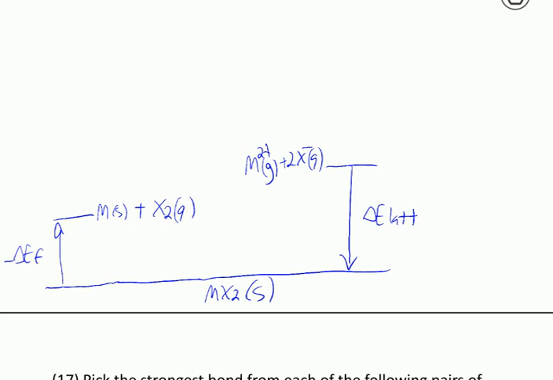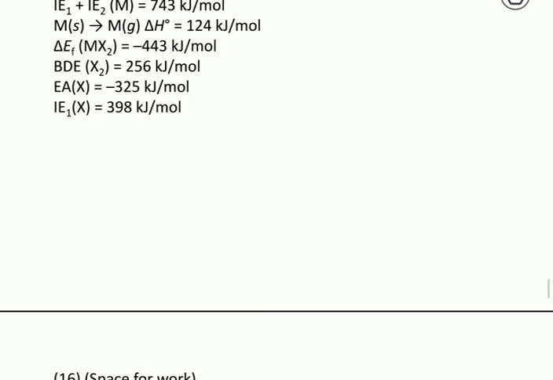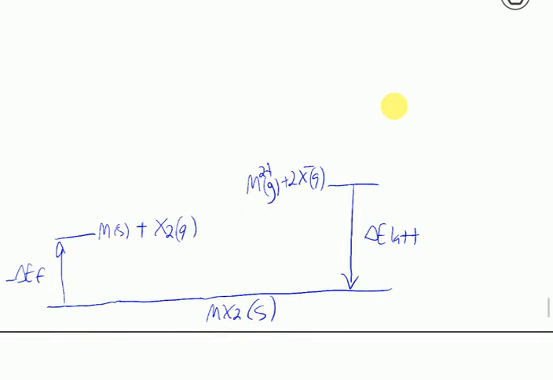If we're doing the reverse process, we take the negative. So going back to our given information up here, delta E of formation is minus 443. So that means this first step is a plus 443 energy change. So for this first step here, we never have to modify the number. We just have to change the sign if we're writing out this cycle, because we're doing the reverse process. So that first step is always the same for all these problems.